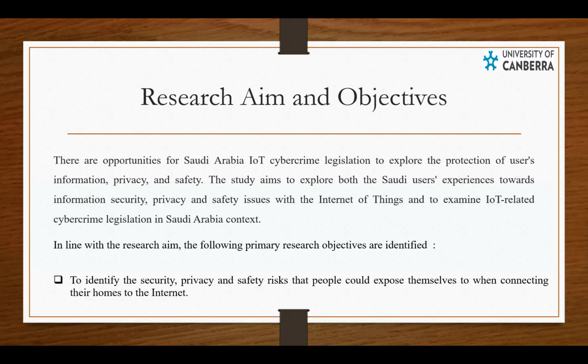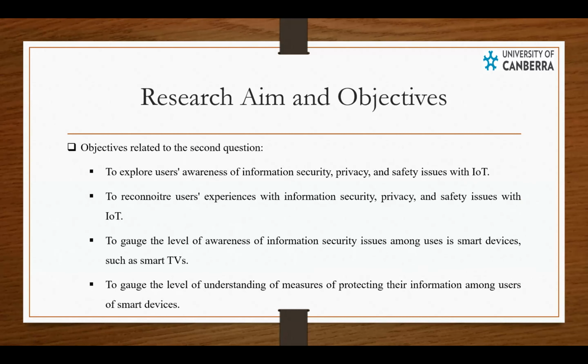In line with the research aim, the following primary research objectives are identified. First, to identify the security, privacy, and safety risk that people could expose themselves to when connecting their home devices to the internet. To explore the user awareness of the information security, privacy, safety with IoT or Internet of Things devices.